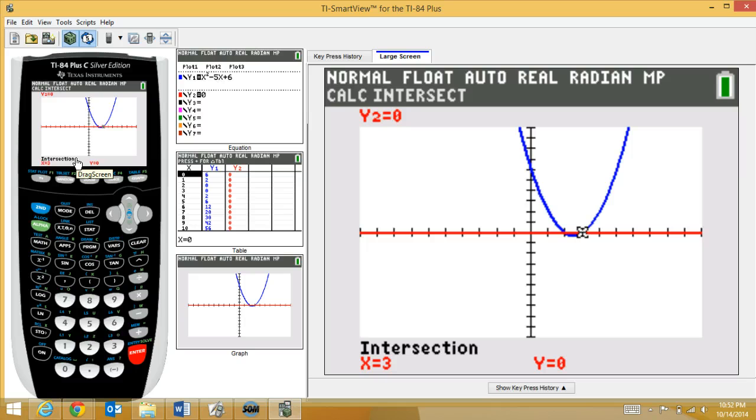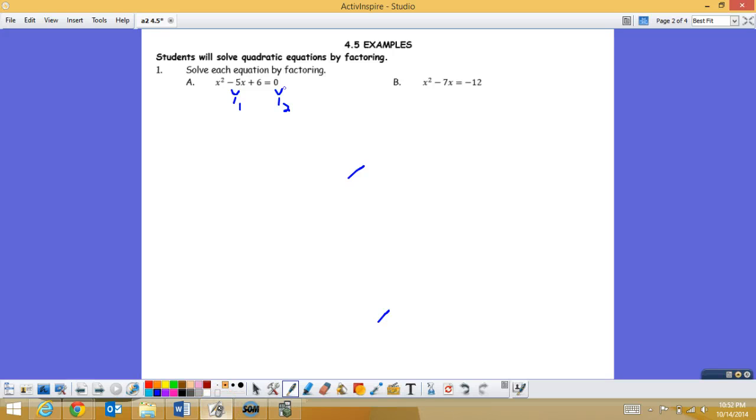So our two solutions are x equals 2 and 3. You may want to just write that down. In the next video, we're going to solve this by factoring algebraically and see if we get those same things.